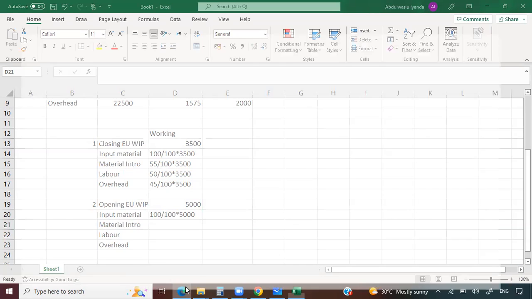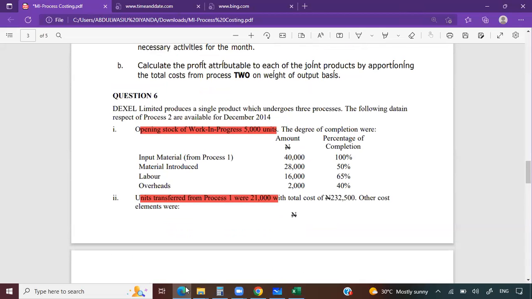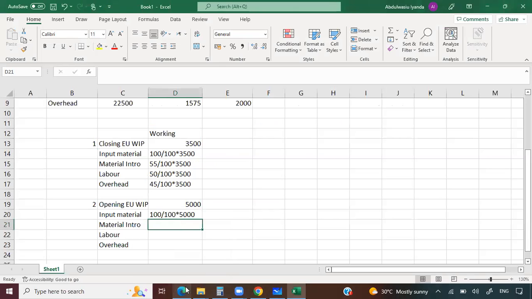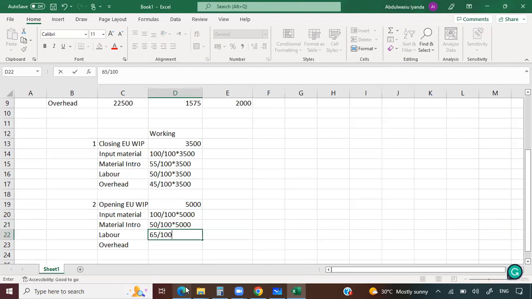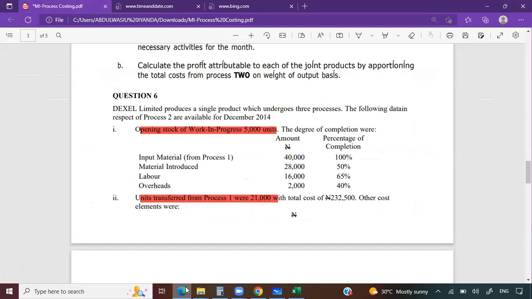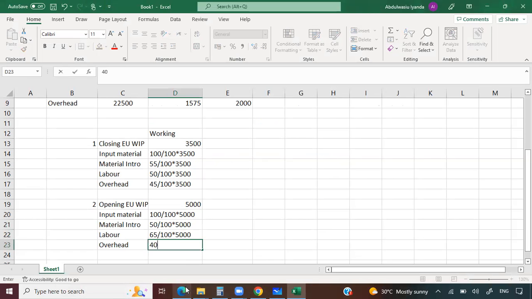For opening, additional information 1, we have 50, 50 divided by 100, multiplied by 5,000. For labor is 65, 65 divided by 100, multiplied by 5,000. For overhead is 40, 40 divided by 100, multiplied by 5,000. And that's how we derive all this.